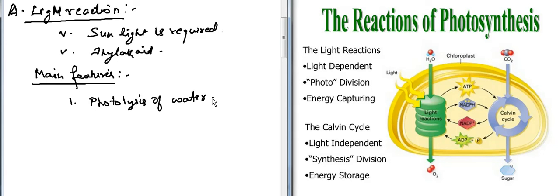What is photolysis? Photolysis simply means water will be broken down in the presence of sunlight. So the sunlight will work and split the water molecule into hydrogen and oxygen.